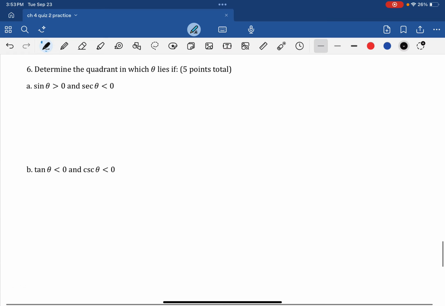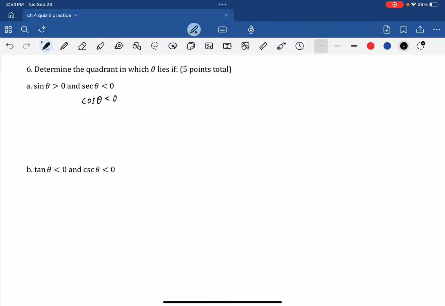The next question has us determining the quadrant in which theta lies. The first condition has sine theta is greater than 0 and secant theta is less than 0. Well, secant theta is less than 0 just means cosine theta is less than 0, right? Because secant is the reciprocal of cosine.